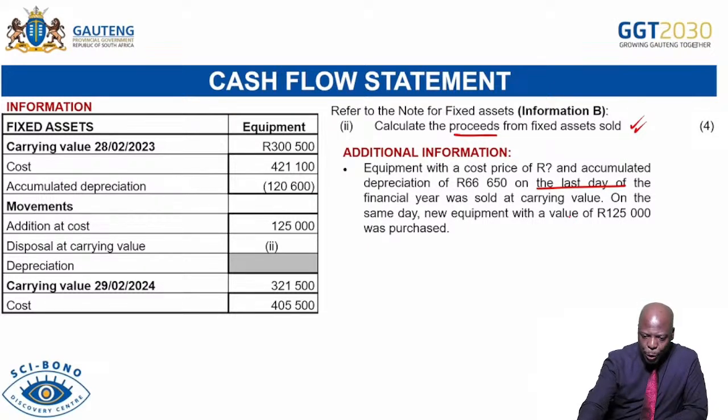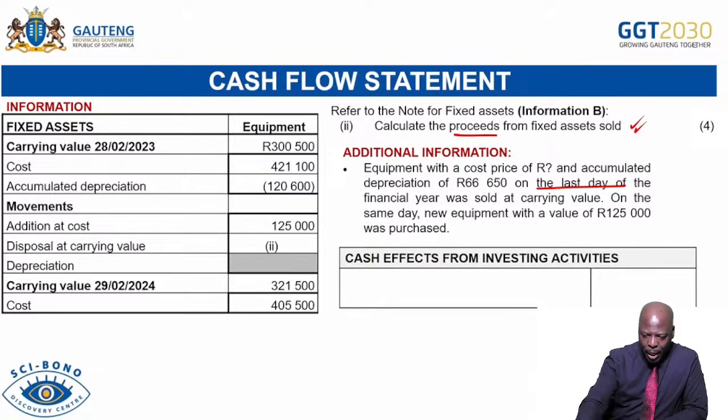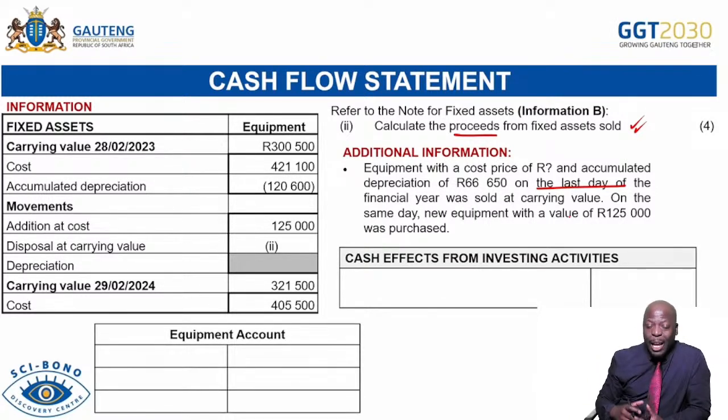So let's see. This is where we're going to record our information after we have calculated it. But for it to make sense, I'm going to try and open a quick equipment account. Is that okay? We understand that my equipment account is an asset account.